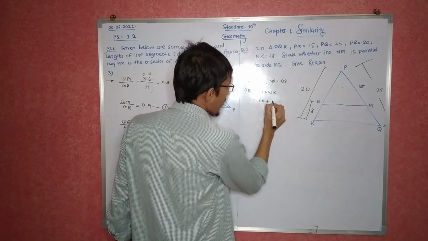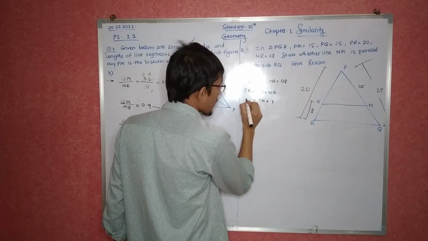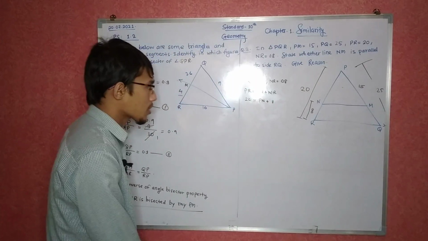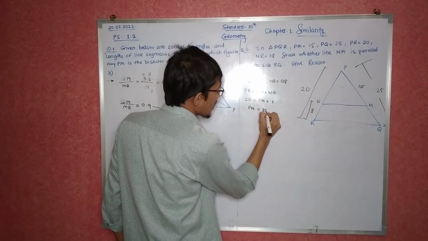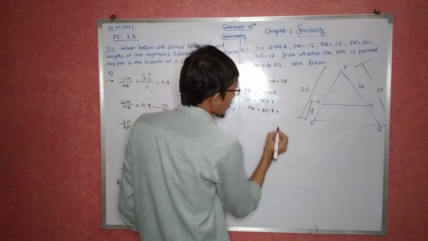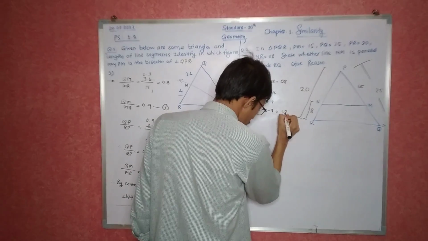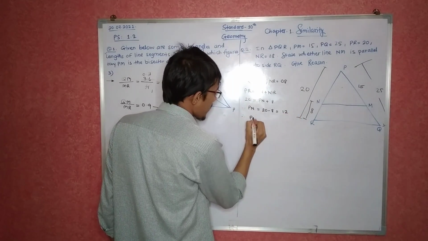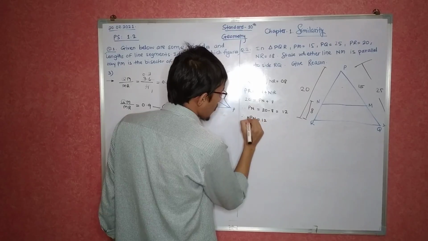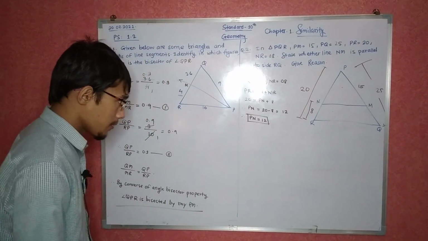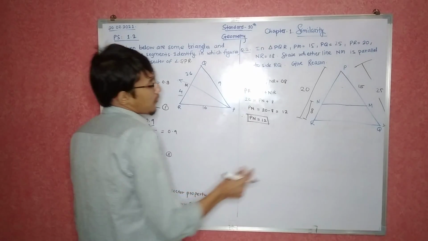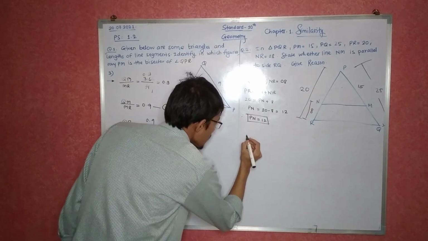We have NR as 8 and PR as 20, so PN is going to be 20 minus 8, which is 12. Therefore PN is equal to 12.